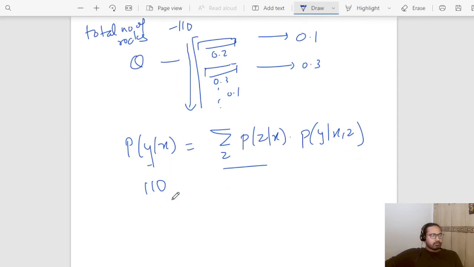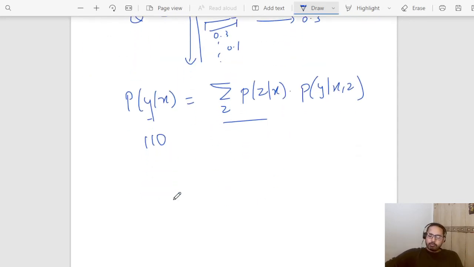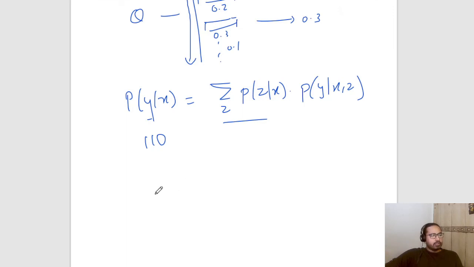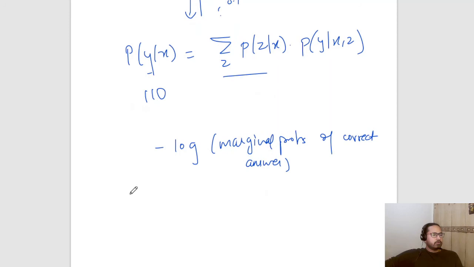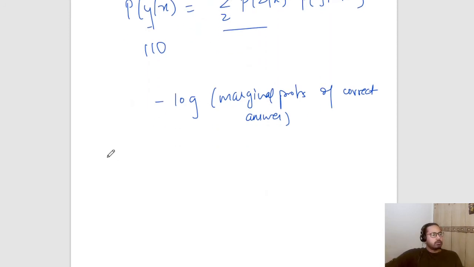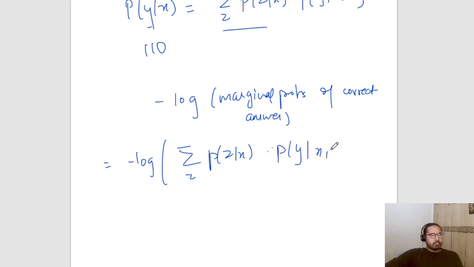Now going back to marginal log likelihood, which was nothing but minus log of the marginal probability of the correct answer, if you put this into the equation, it becomes minus log summation over z of p of z given x times p of y given x comma z.